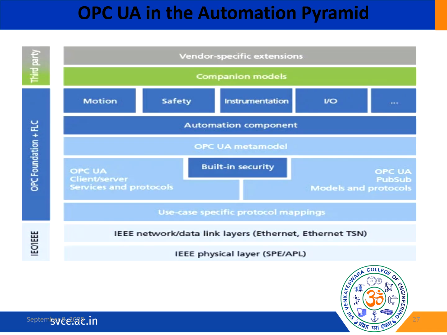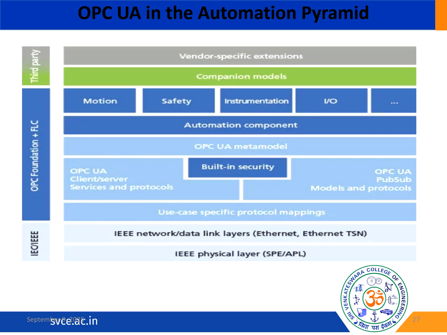At the intermediate level, we have a meta model which can be represented as the OPC UA meta model. And further on top of that, we have the automation component. On top of that, we can have motion, safety, instrumentation, input output things, and we have companion models, and finally the vendor specific extension.